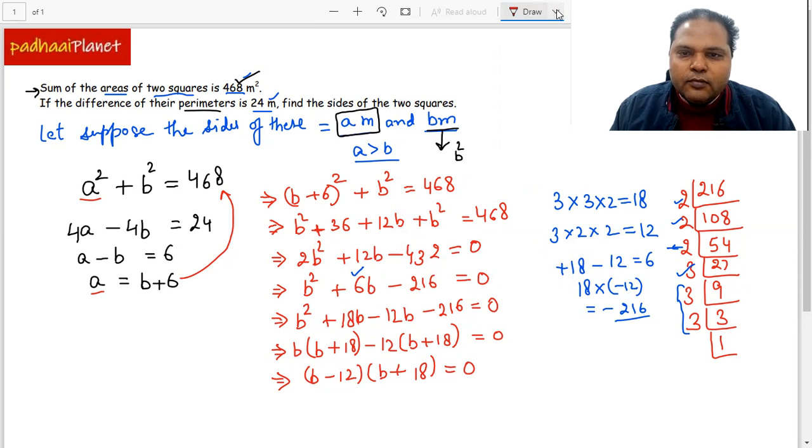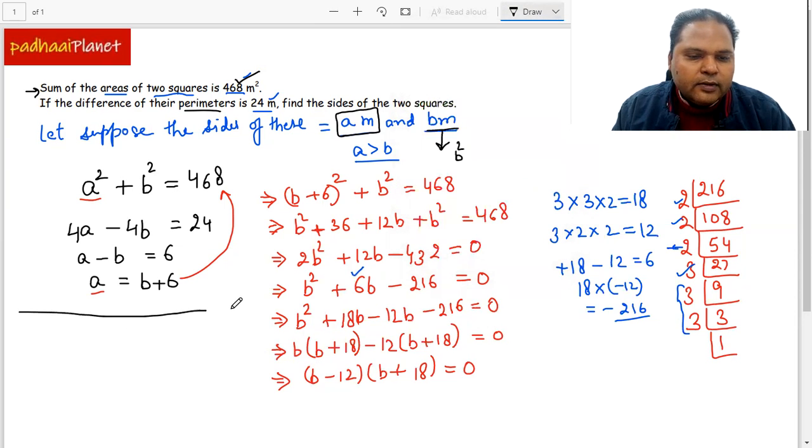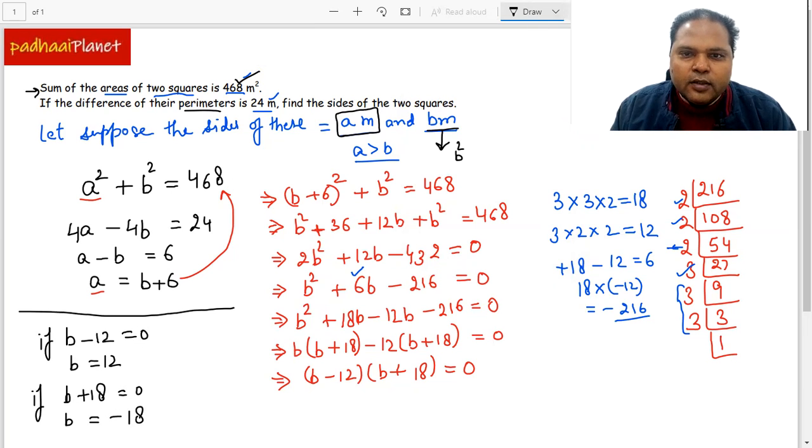Now it's very simple: if b minus 12 is equal to 0, we have b equal to 12, and if b plus 18 is equal to 0, we have b equal to negative 18, right?